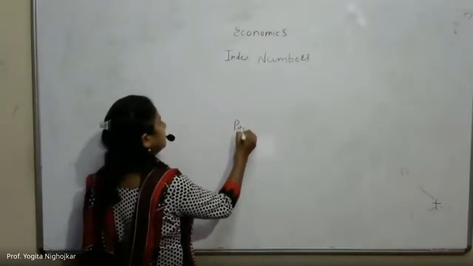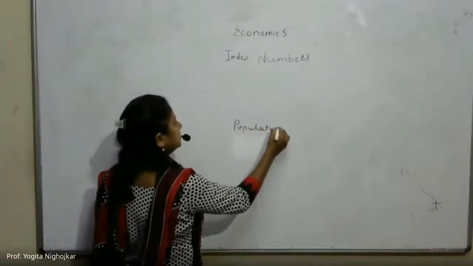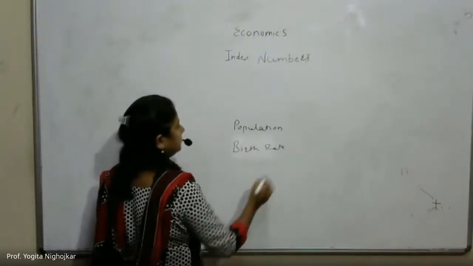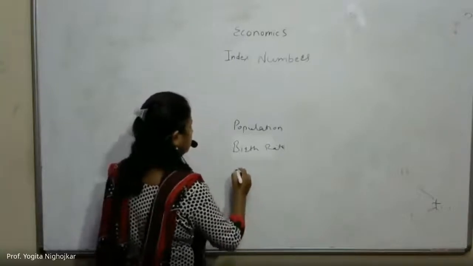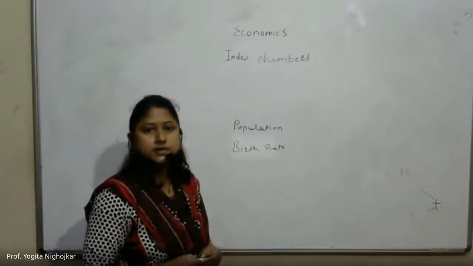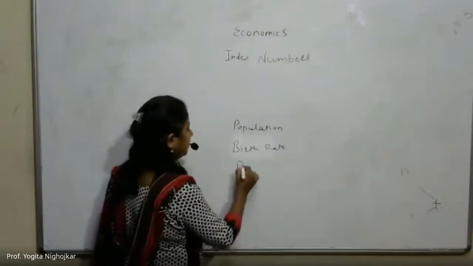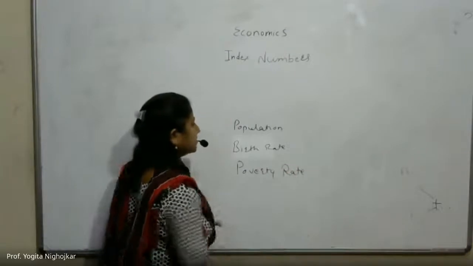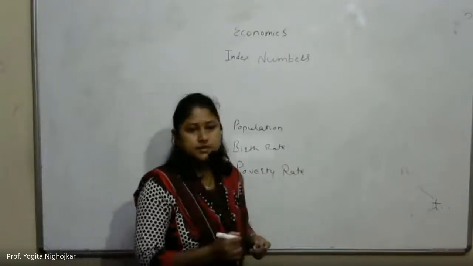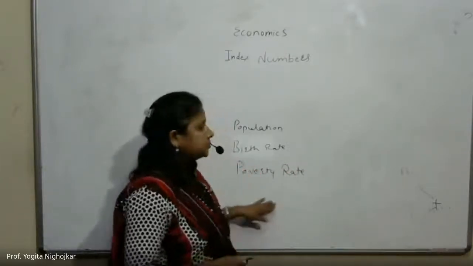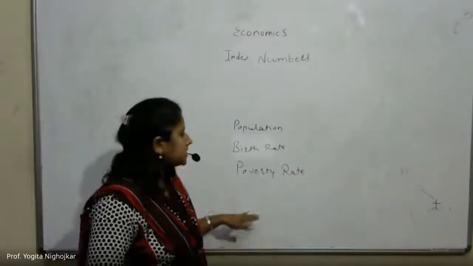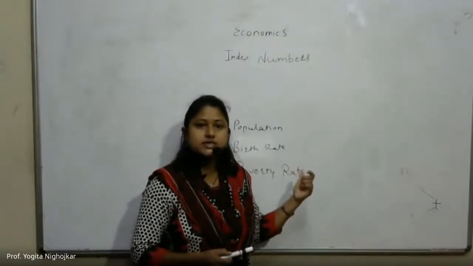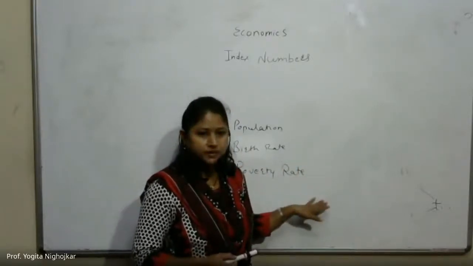Population, birth rate, then poverty rate. These are economic variables. So index numbers are a statistical device applied to measure the combined fluctuations in a group of related variables.